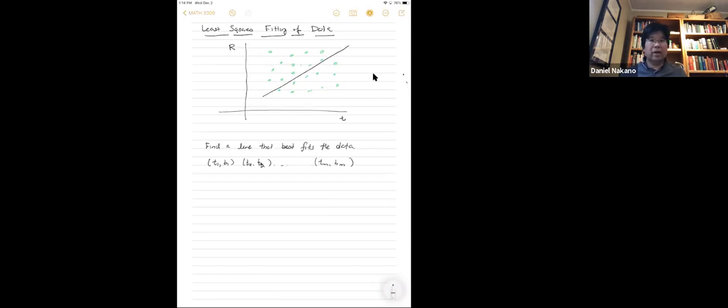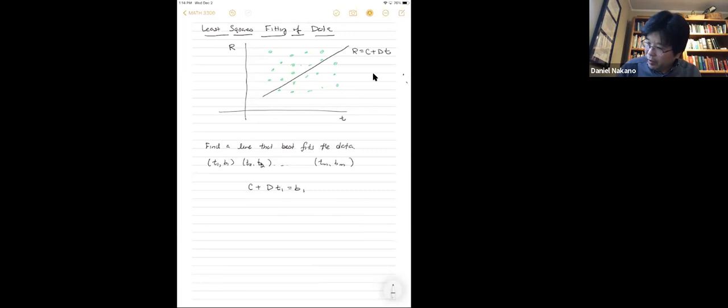What I'd like to do is fit them with a line. So this line here, let's say, is R equals C plus DT. Let's write out the equations that these points would have to satisfy. C plus D T1 is equal to B1.